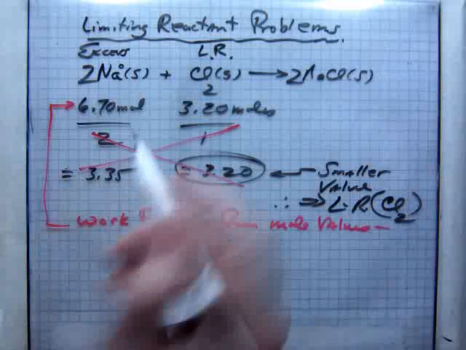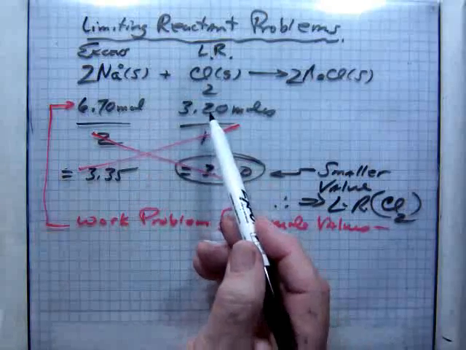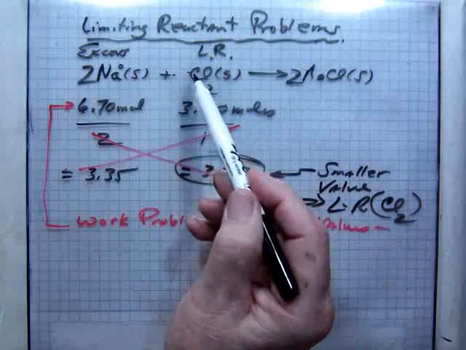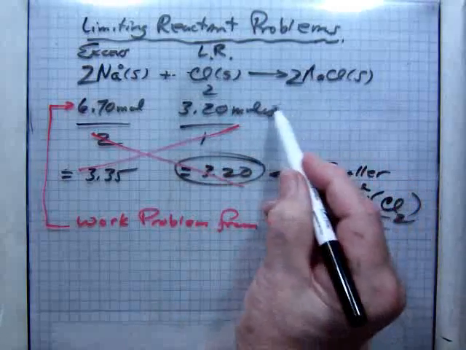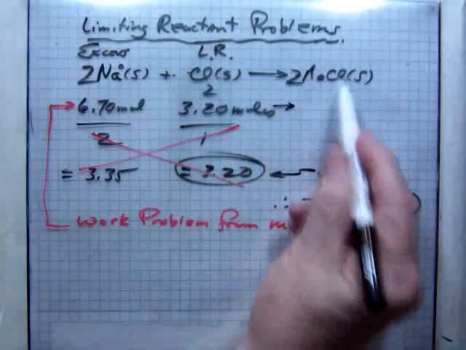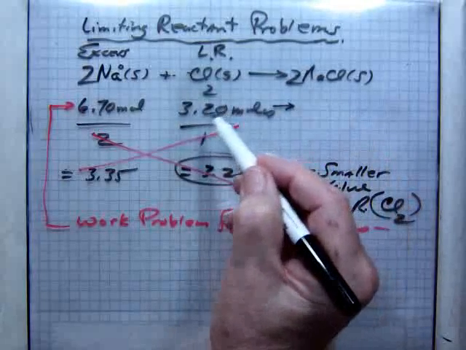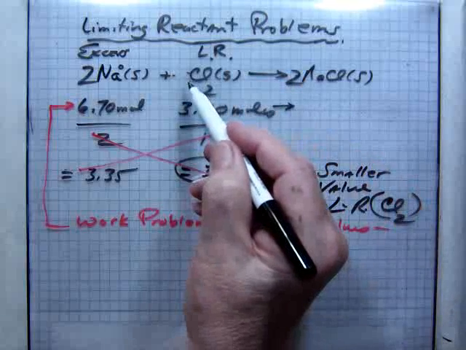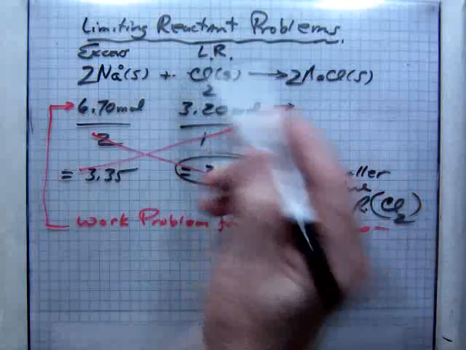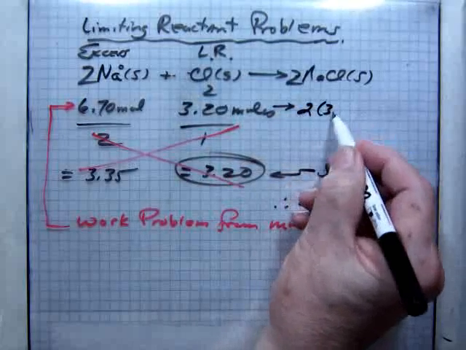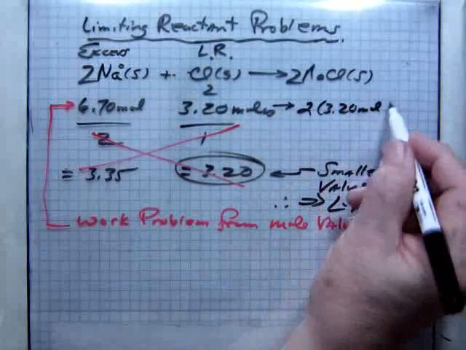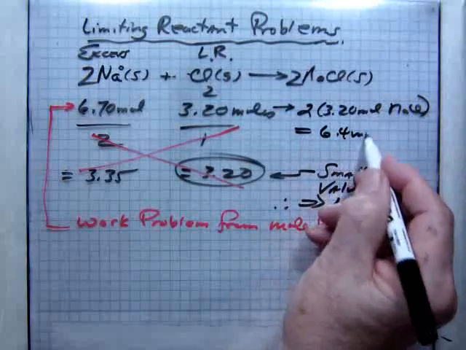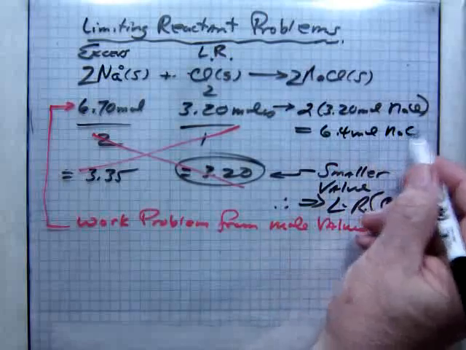So when you do that, this being the limiting reagent, the ratio is a 2-to-1. So when you want to predict the moles of sodium chloride, it is based upon the chlorine, the 3.2. And the number needs to be larger. By how much? 2 times. So you get 2 times 3.20 moles of NaCl, and that's 6.4 mole of NaCl produced.